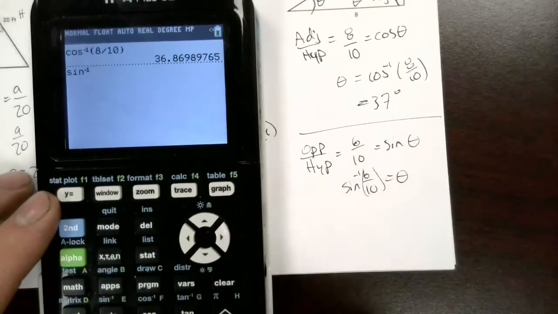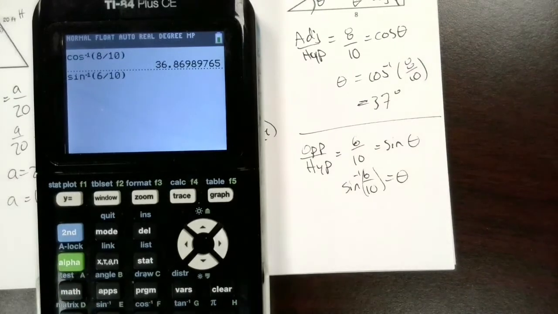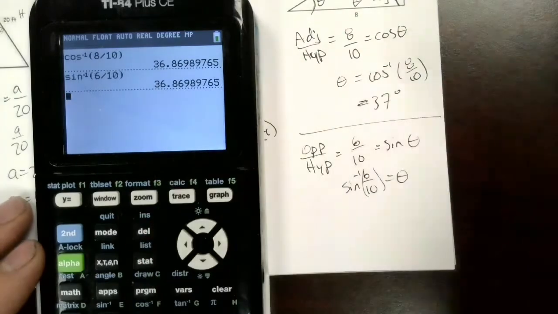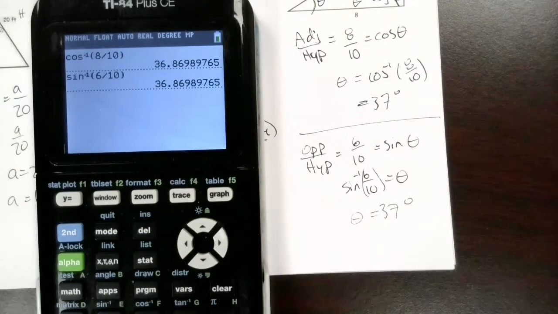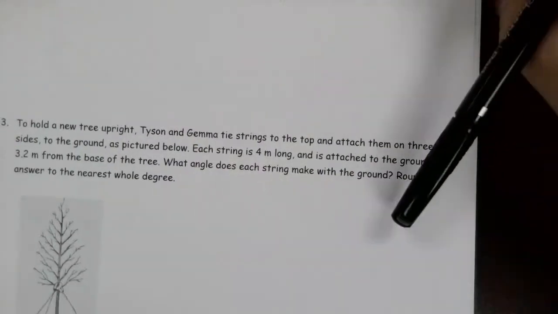Inverse sine of 6 divided by 10. These should be the same angle because I'm building these ratios with respect to the same angle, and when I press enter, there it is. It's the exact same angle. So that is very comforting that I am on the right track here, that these ratios are working properly. Okay, let's take a look at a couple more questions here.